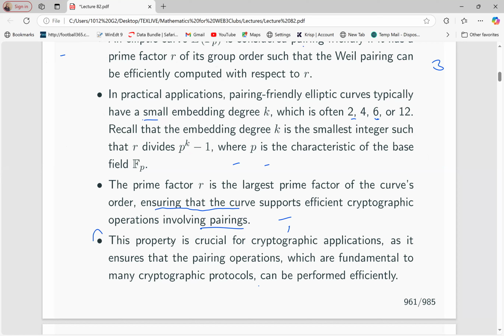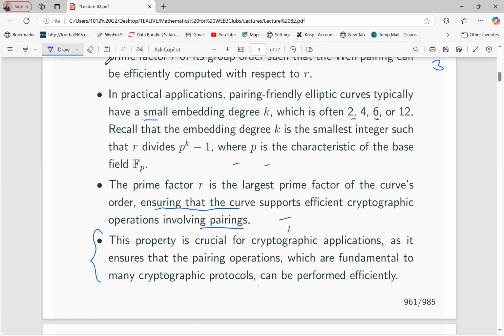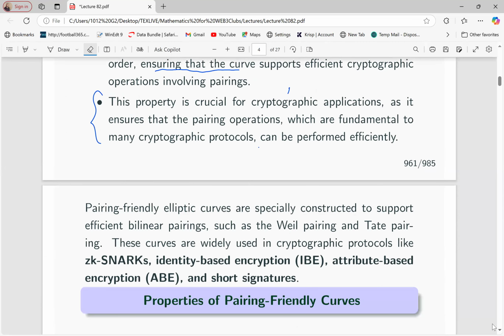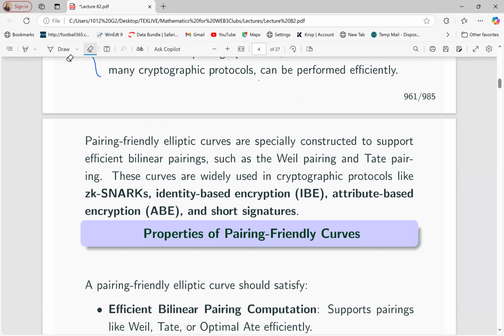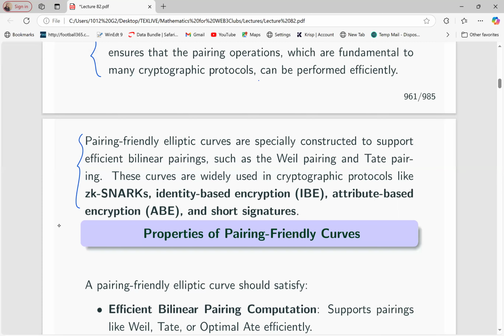Again, this is just an extension of that explanation. Now, this point is telling us where pairing-friendly curves can be applied.